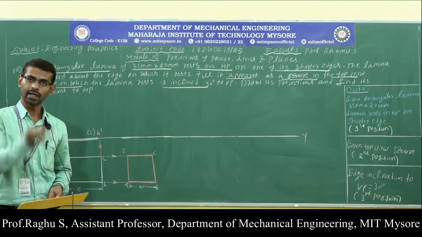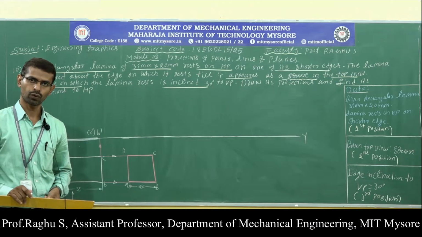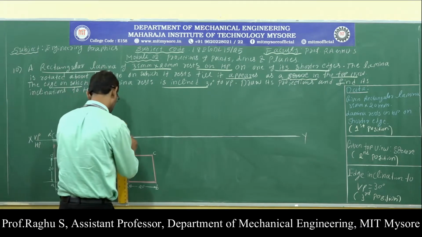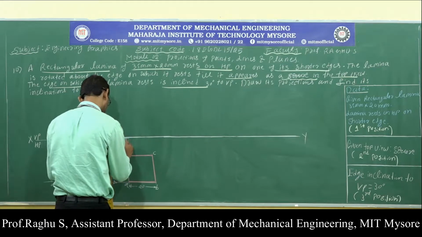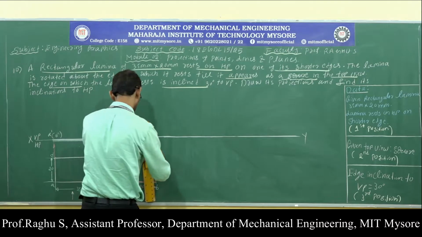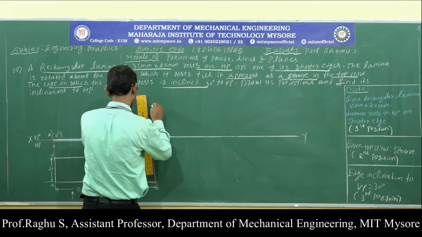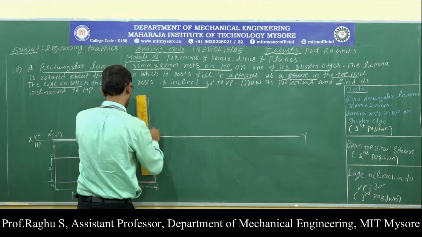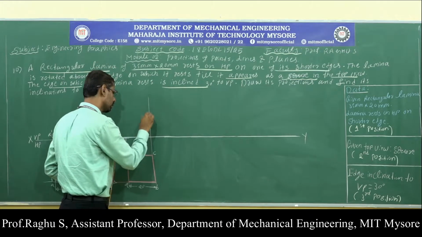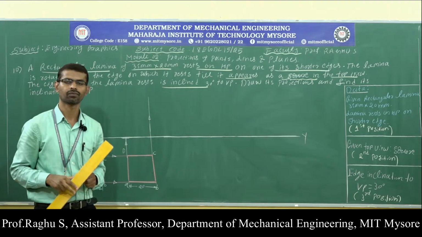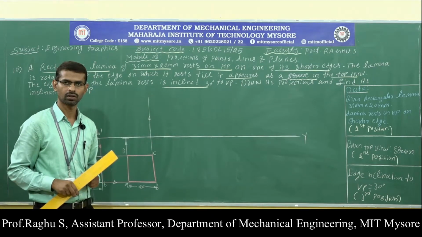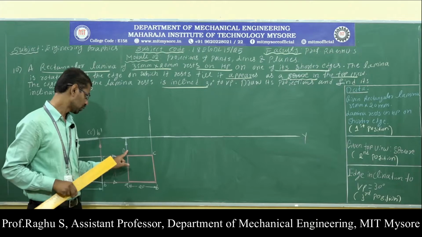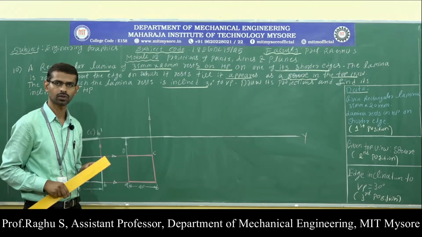Next, to get the second position front view, draw projection lines, that means thin lines, and extend the right side projection line up to a certain length. Next, draw the left side projection line up to XY.